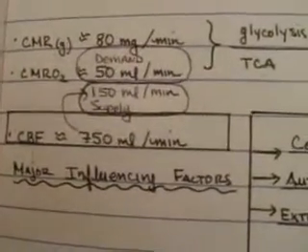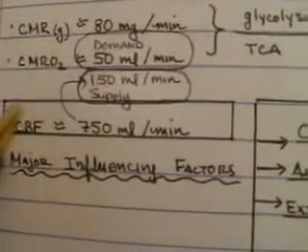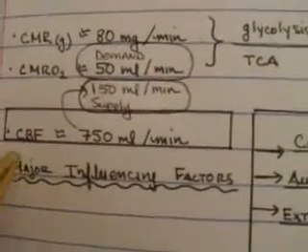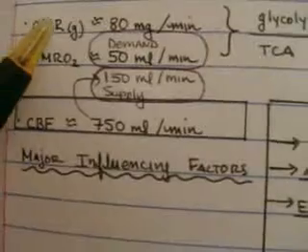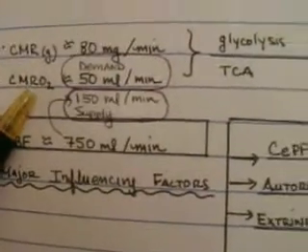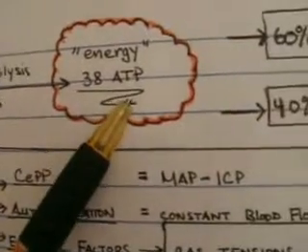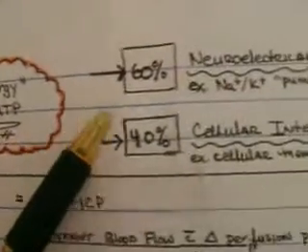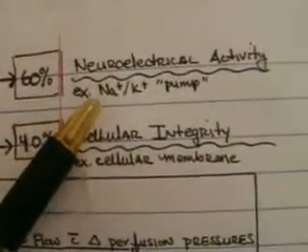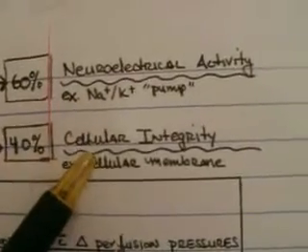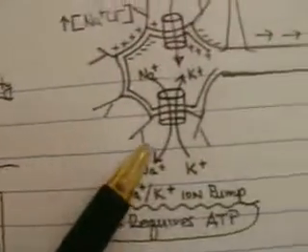So we'll focus on what factors regulate cerebral blood flow in order to supply the brain with an adequate amount of glucose and oxygen so that all this cellular activity can take place to create the energy, which is ATP, to maintain the neuroelectrical activity and the cellular integrity of the brain tissue.